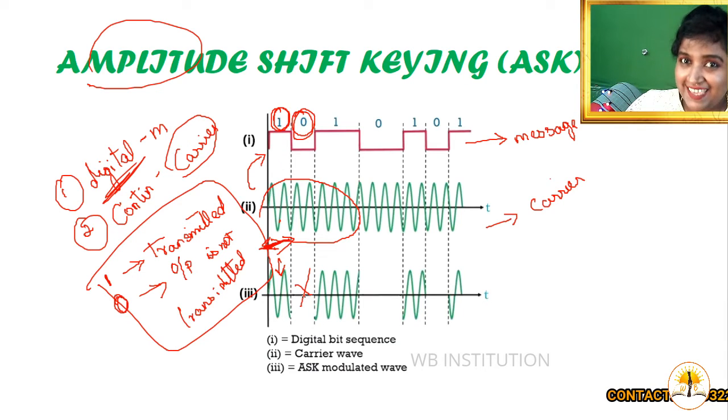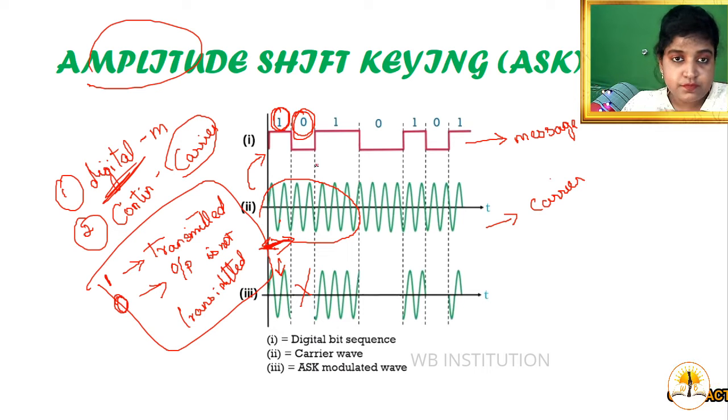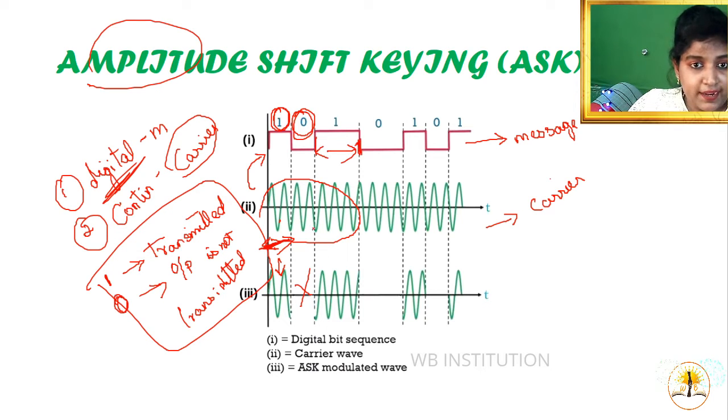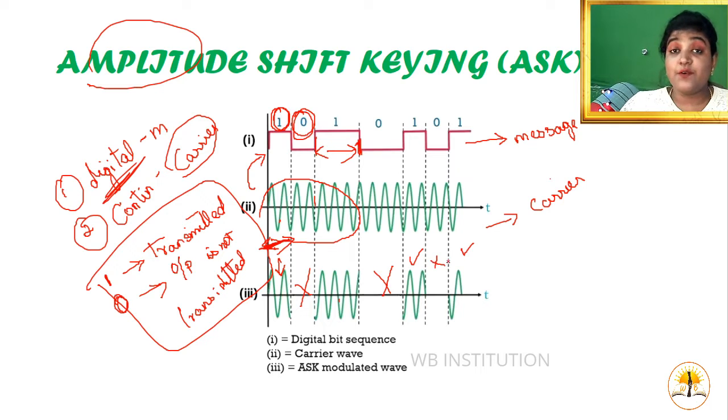For two waves you can see 1, so the entire segment is stated as 1. The entire signal of your carrier wave is transmitted in your output. The next wave goes to 0, so the entire signal is not transmitted. Again 1, it is transmitted. Again 0, it is not transmitted. 1, transmitted. Have you understood? Are you clear with this? Yes. So this is what amplitude shift keying is.